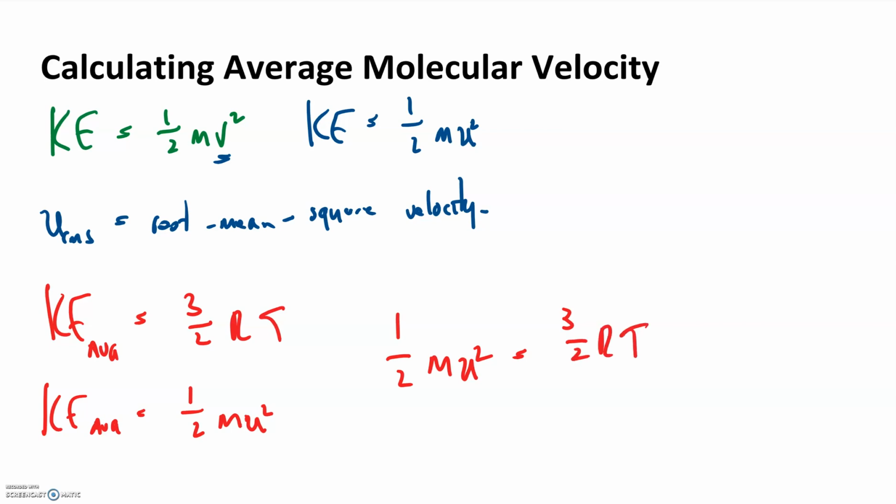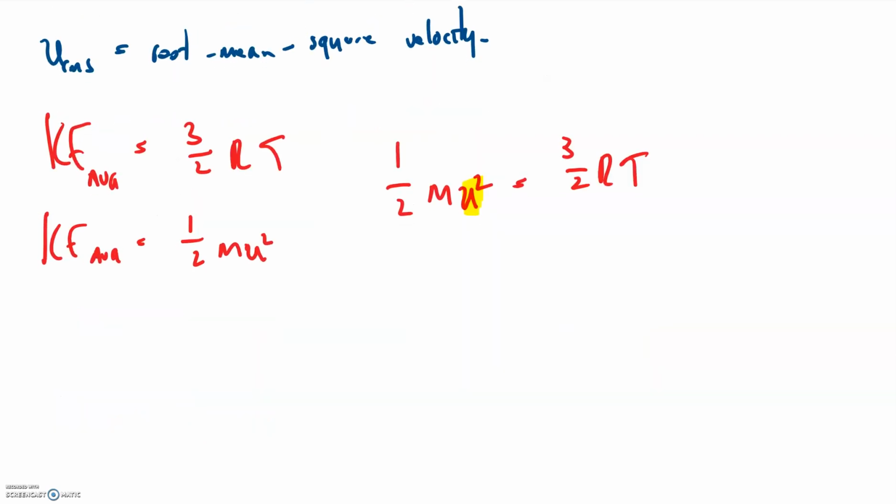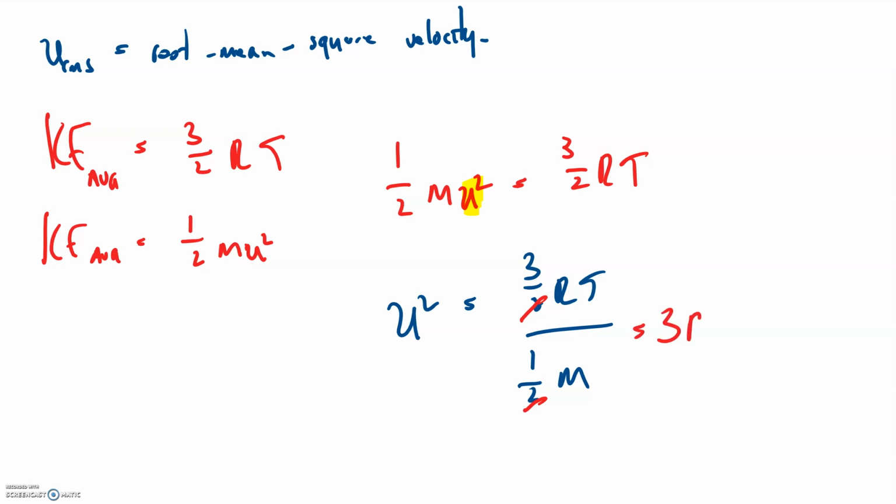Well, what do you get if you try to isolate u and solve for the velocity? So we get this. We get u squared equals 3/2 RT over 1/2 m. And of course, the halves cancel. So now what we have is 3 RT over m.